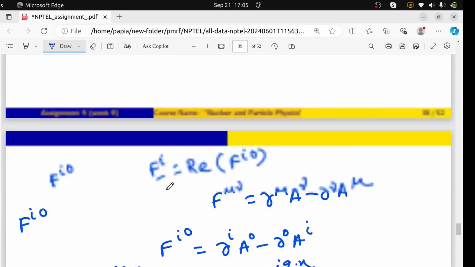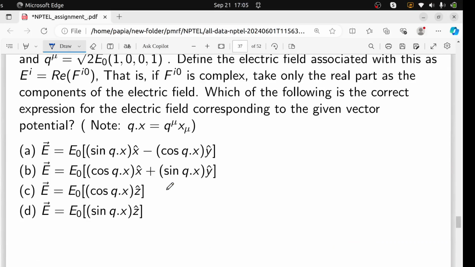Actually the E vector will have E0, then x cap, basically i cap, and this is j cap, and there will be one minus sign because one is plus and another one is minus. Okay. So here it is like that.